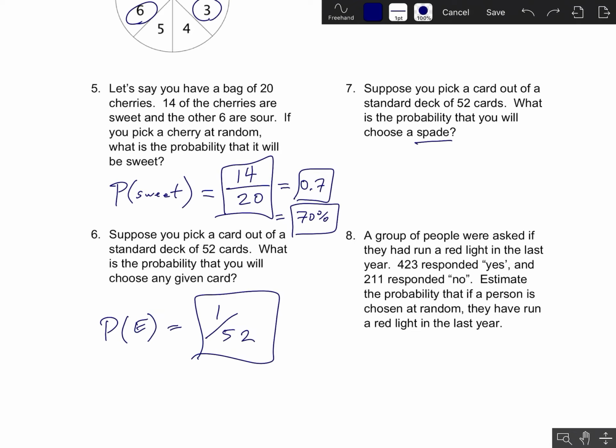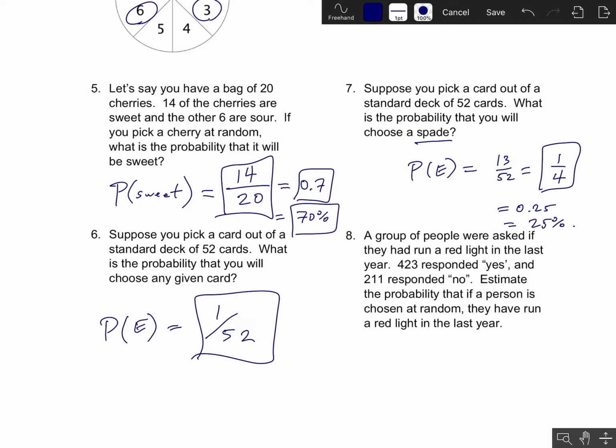There are 4 suits. The spade is one of them. That means there's 13 cards of each suit. So we'll have that the probability of this particular event will be 13 out of 52, which would reduce to 1/4. Or if you like, 0.25, or again, if you'd like 25%. Any of those are fine.